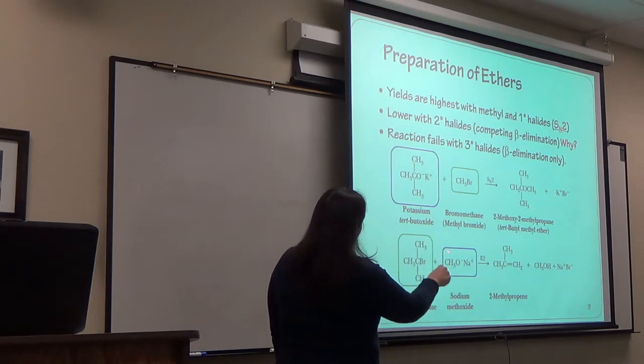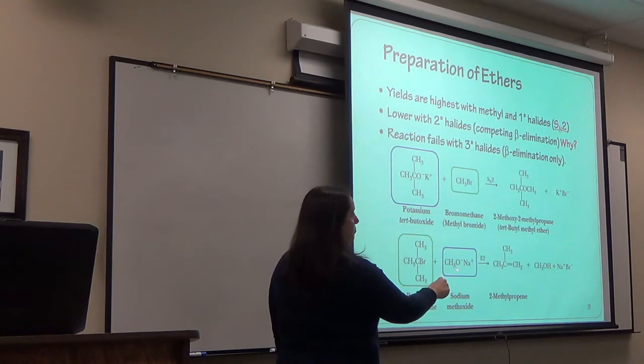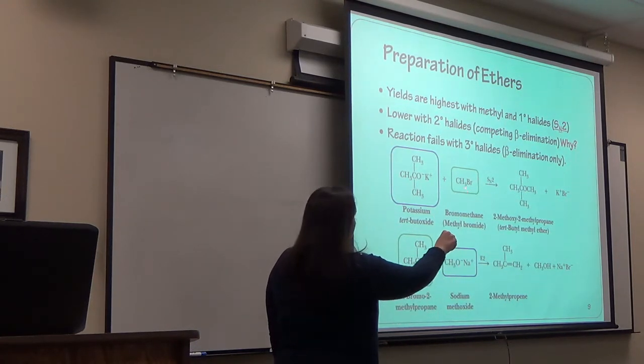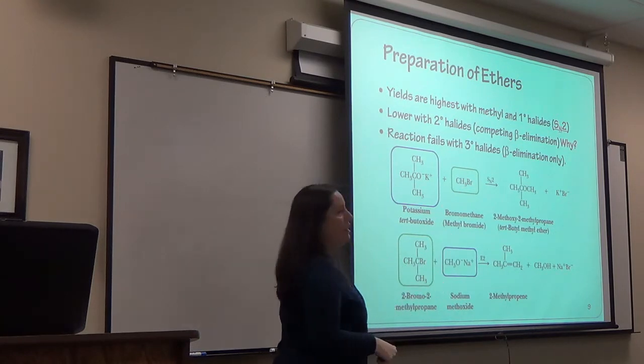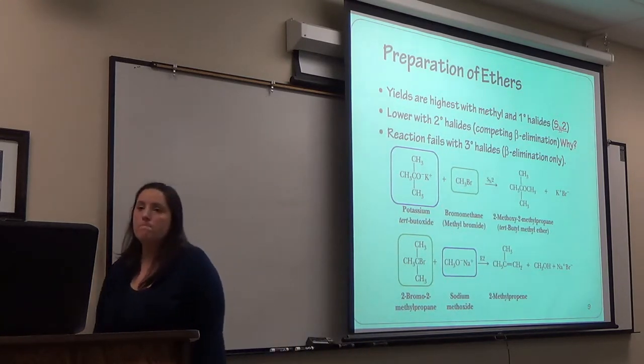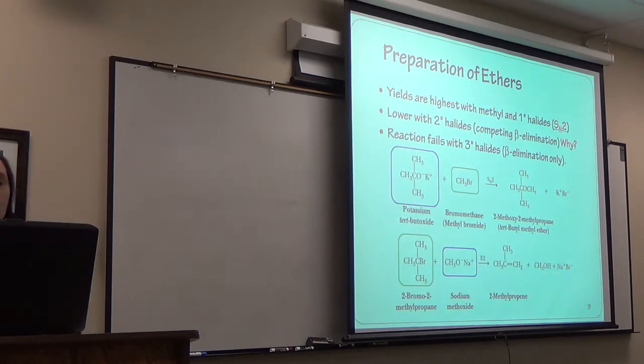So these two are your nucleophiles in purple, and the leaving group is your halide, your bromines. The ion that came from the alcohol is called an alkoxide.